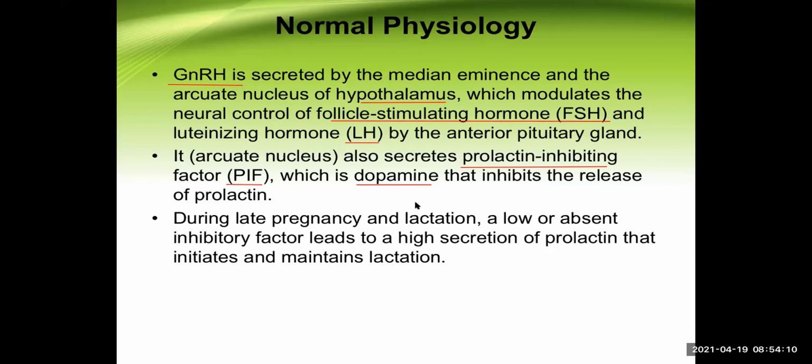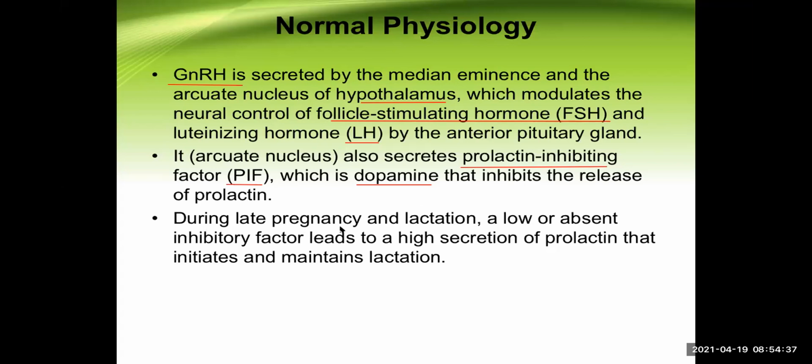Some anti-emetic agents, some of them, not all, like metoclopramide or domperidone, especially metoclopramide, and many antipsychotic drugs like chlorpromazine, haloperidol, fluphenazine and all those, are dopamine antagonists. So one of their side effects is hyperprolactinemia.